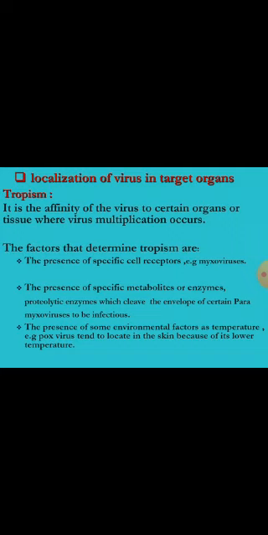The presence of specific cell receptors, or the presence of specific metabolites or enzymes that activate the virus. Sometimes the presence of some environmental factors, such as temperature, is the cause of tropism, as in case of poxvirus, which tends to locate in the skin because of its lower temperature.